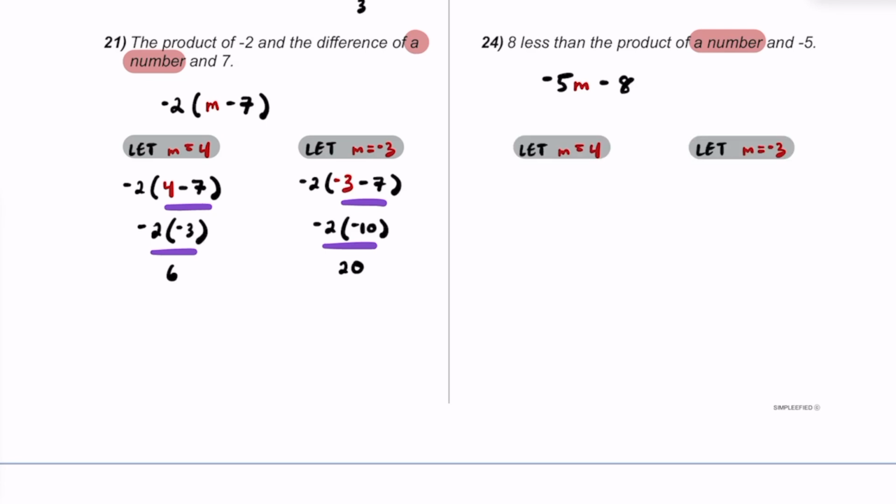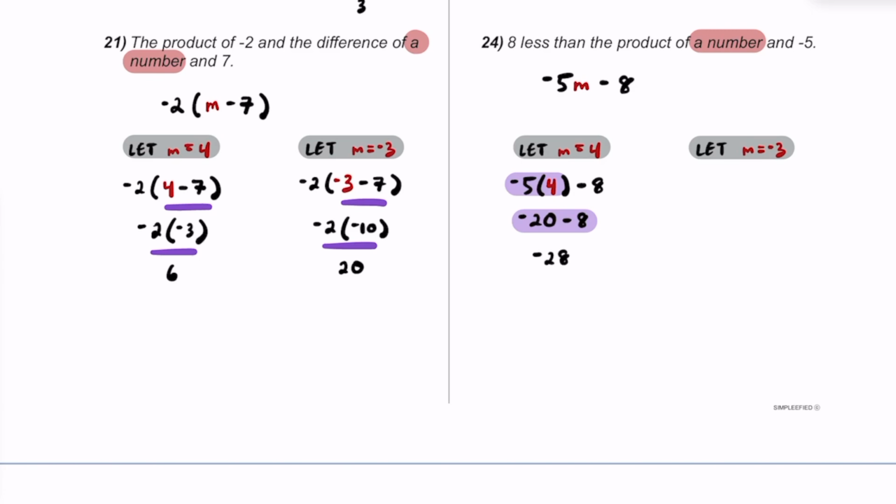All right, now that we know what the expression is, let's go ahead and evaluate it with a couple different hypothetical values. So we have this negative 5 multiplied by 4. So let's go ahead and substitute in 4 for m and take away 8 afterwards. Now if we go ahead and follow the order of operations, negative 5 times 4 is going to be negative 20. So we have negative 20 minus 8. And negative 20 minus 8, that's just going to be equal to negative 28.